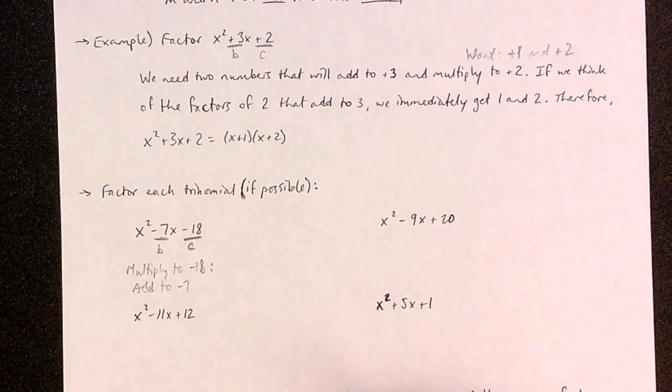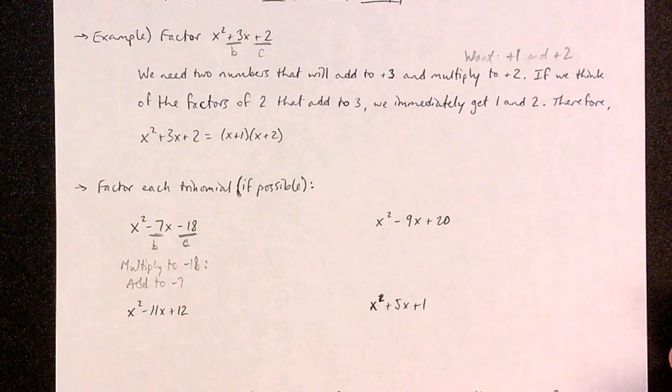So let's think. Okay, so I have negative 1 and positive 18. Those will multiply to negative 18. Do those add up to negative 7, though? A quick mental check, or if you plug it into your calculator, you'll find no, they don't. So those don't quite work.